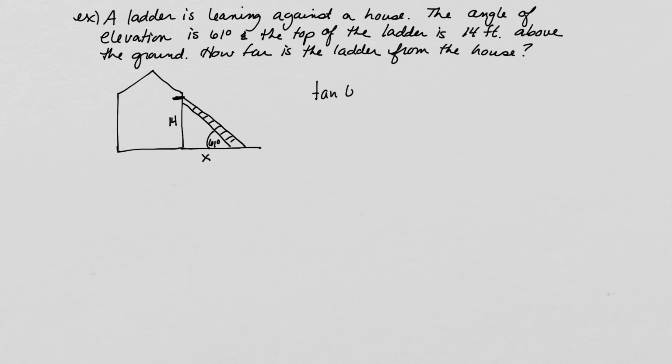So the tangent of 61 degrees is equal to the opposite, 14, over the adjacent x. And so now if I multiply up, I have x tan 61 degrees equals 14. Divide both sides by the tangent of 61 degrees.